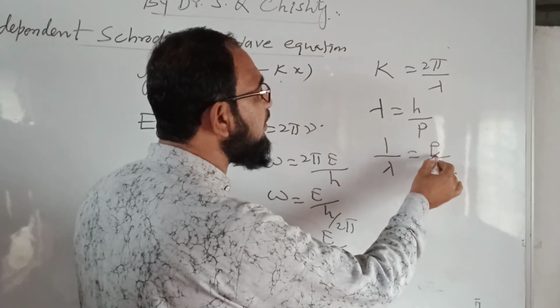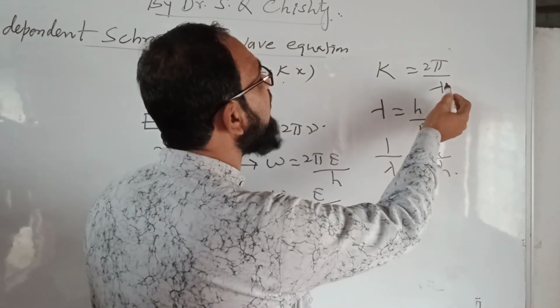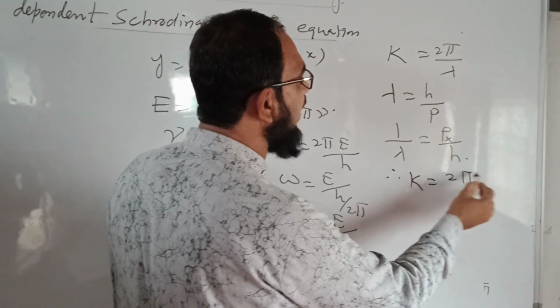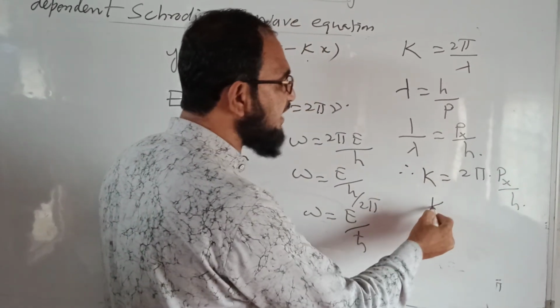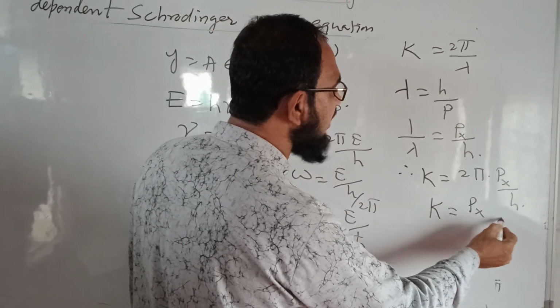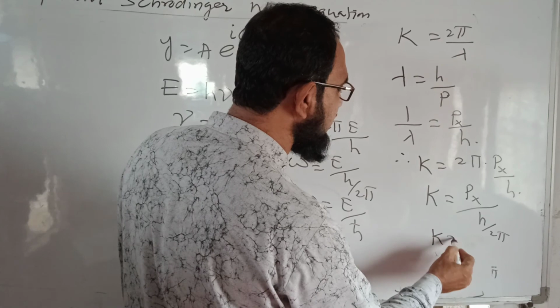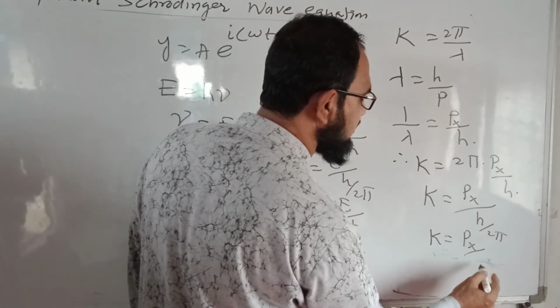This p is the momentum in x direction. So I will substitute the value of 1 by lambda here. Therefore the value of k will be equal to 2 pi into px upon h, or I can rewrite it as k is equal to px upon h upon 2 pi, or k will be equal to px upon h cross.